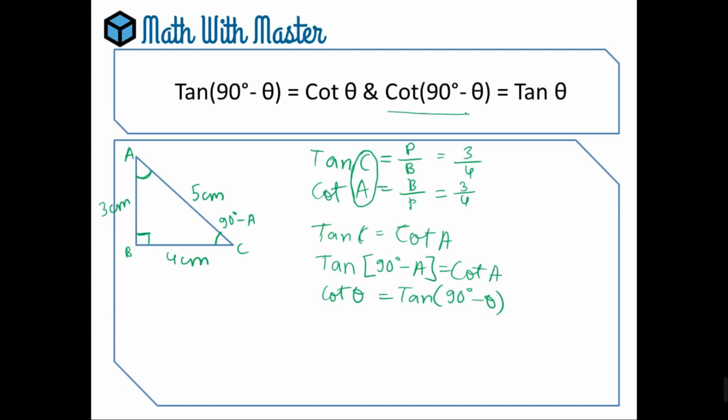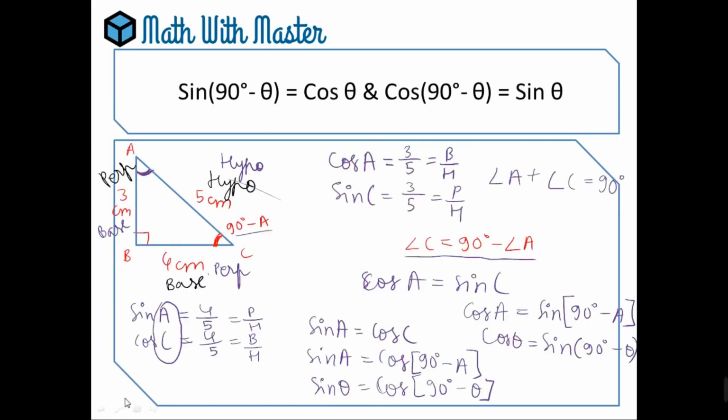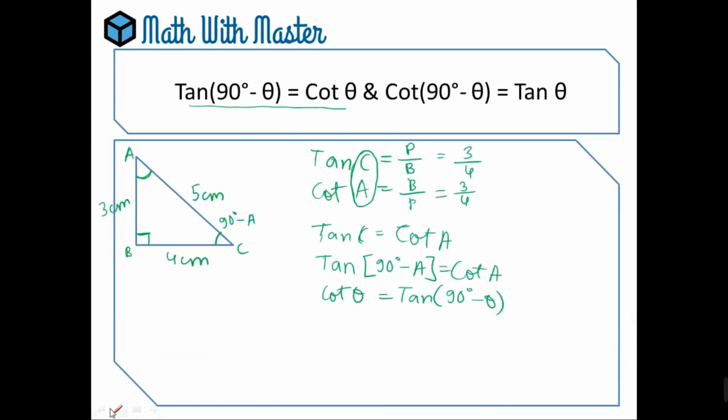So this is the formula which we have derived. Here we found that angle C is equal to 90 degrees minus A. Now we will derive the next formula. What is cot C here?